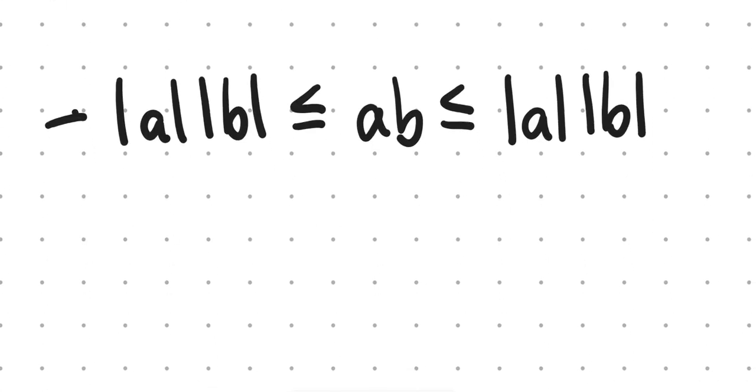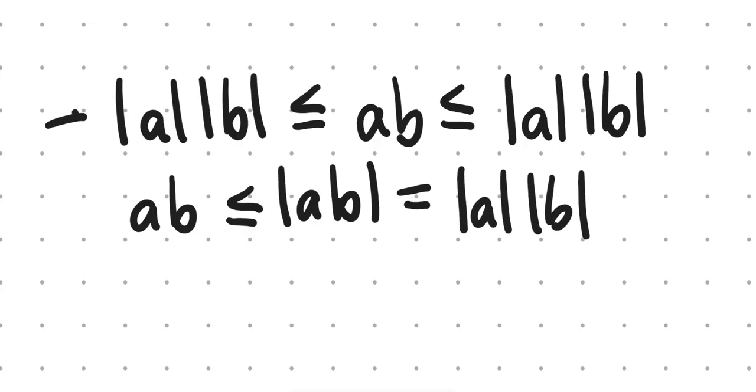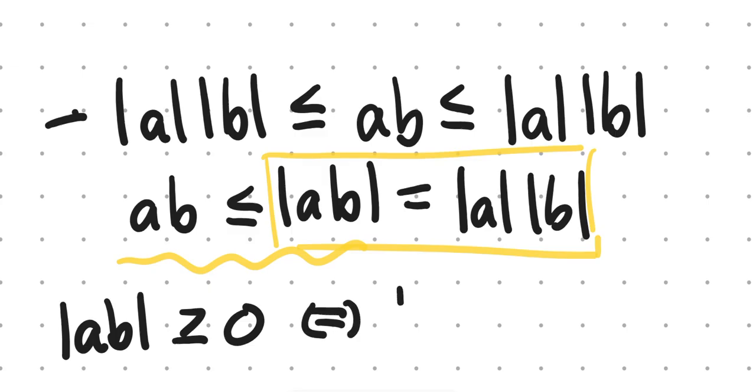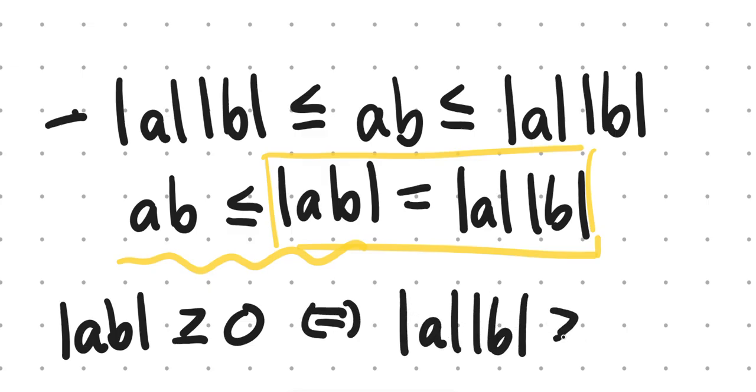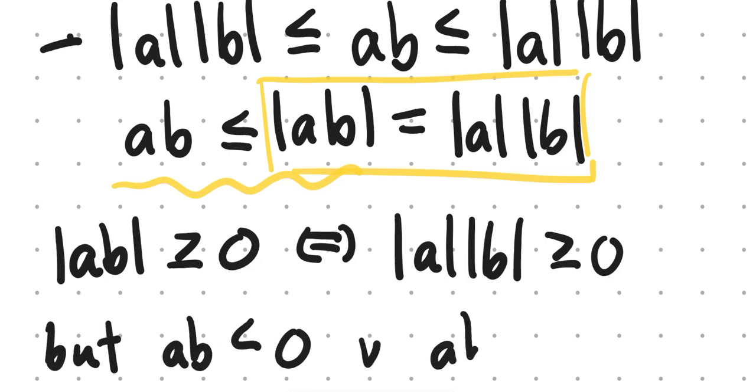This statement is true since we know that AB is obviously smaller or equal to the absolute value of AB, and we just have the absolute value of A times the absolute value of B. The proof for this one is in another video, please check that out. But we already know this is true, since the absolute value of AB is always bigger or equal to 0, so the absolute value of A times the absolute value of B is also bigger or equal to 0, but AB can be negative or AB can be positive.